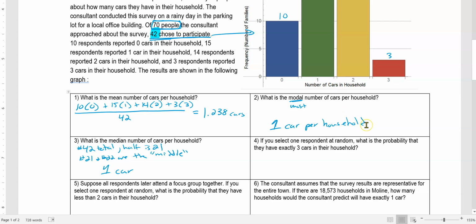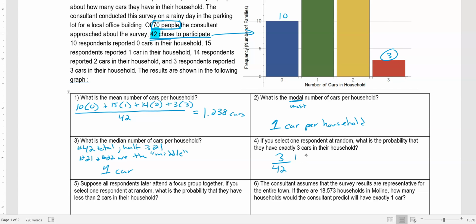Number 4, if you select one respondent at random, what is the probability that the respondent has exactly 3 cars? Well, there are 3 people that have 3 cars, this number up here, and there were 42 total people surveyed that actually responded to the survey. So that's our probability.